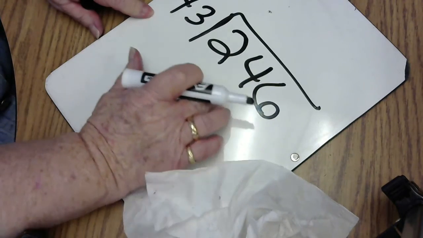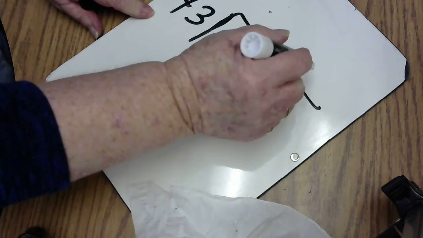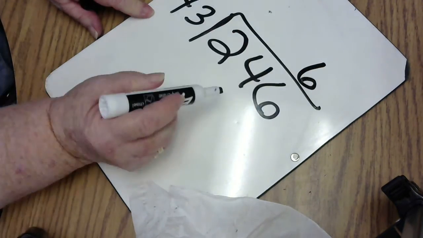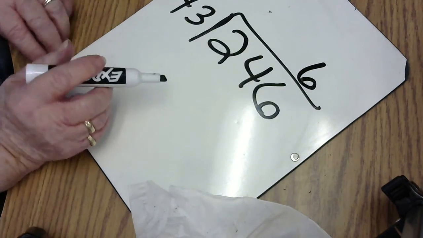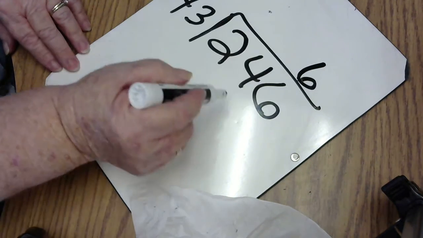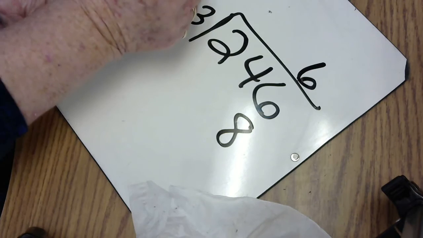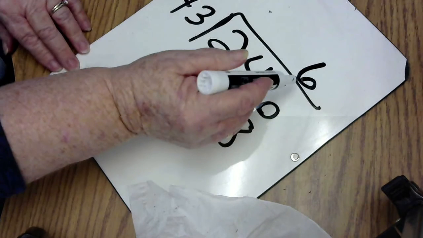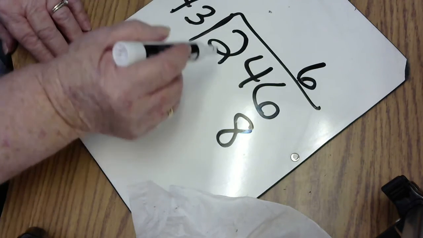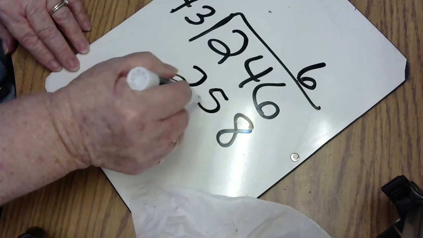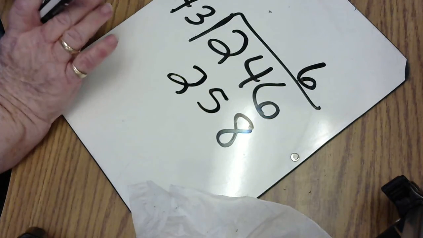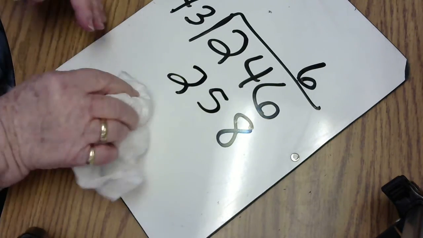We're taking it into 246. So we'll put our 6 up there and try it. 6 times 3 is 18. Carry 1. 6 times 4 is 24 plus 1 is 25. Uh-oh, that's too big. So we need to start over.